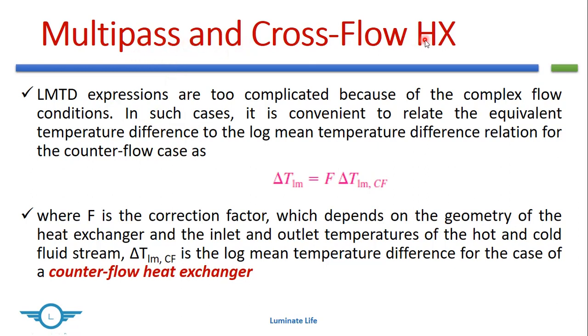So in order to find the LMTD for a multipass and crossflow heat exchanger, we have to estimate the average temperature based on the LMTD for a counterflow arrangement acting between the same temperature limits.